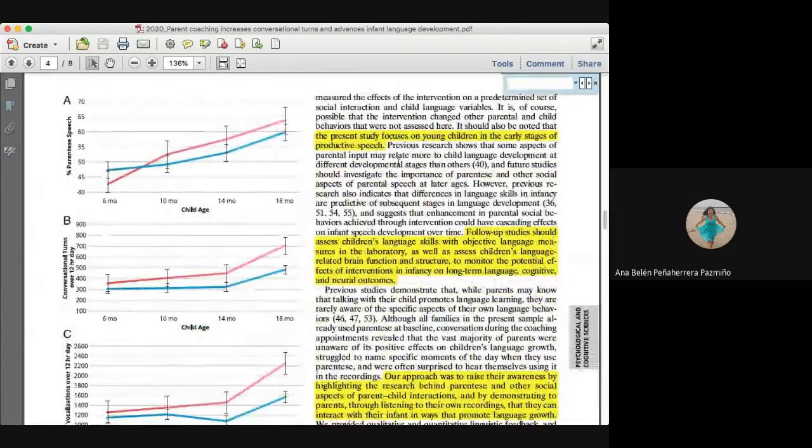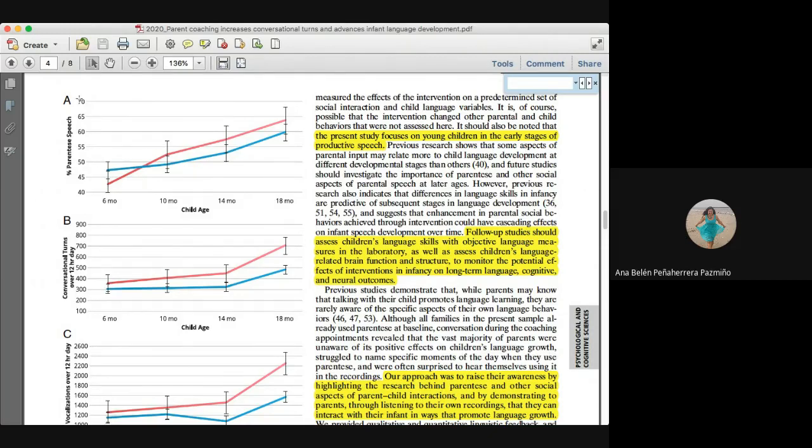Here you see the percentage of parentese speech. Parentese speech means speaking to the baby with intonations, for example, the giraffe has a long neck. This tempo, this intonation, that's baby talking.